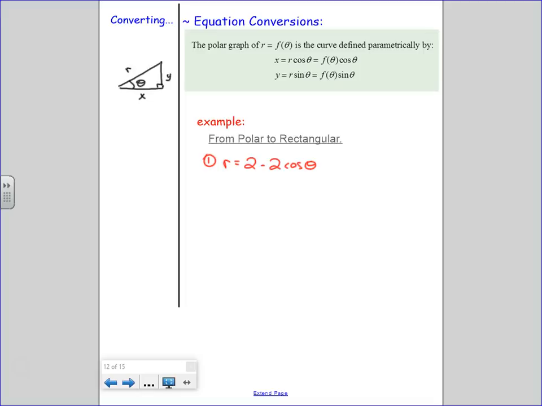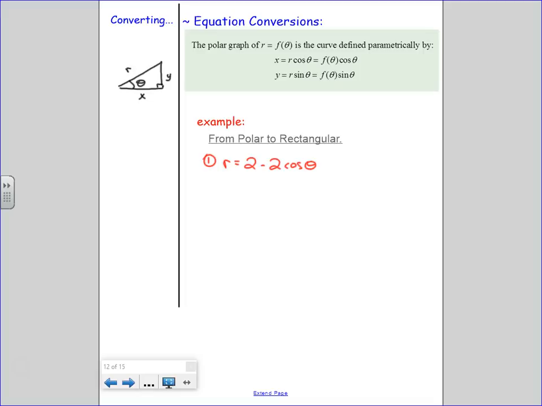You pull out the 2. Yeah, you can. It's not going to make a big difference. You could do the thing I said: multiply both sides by r, but why? That way you can get 2x. 2r minus 2x.